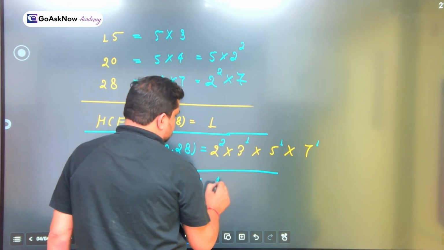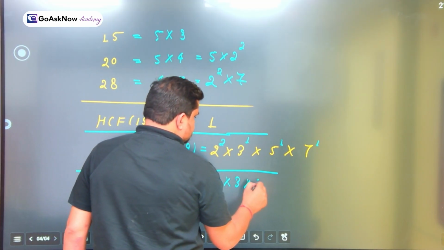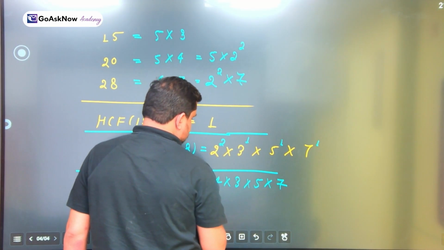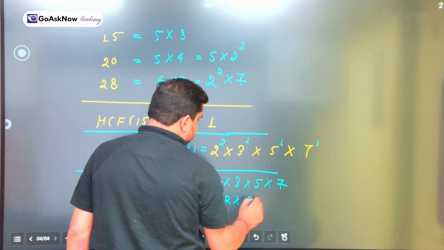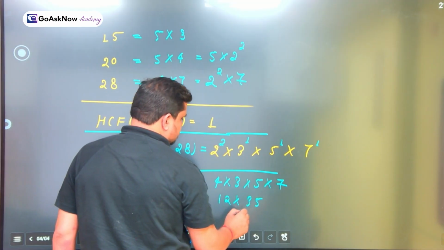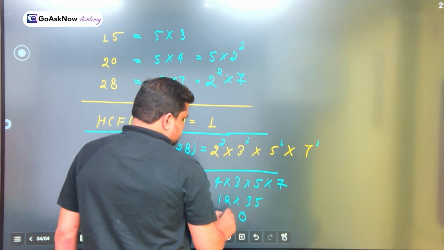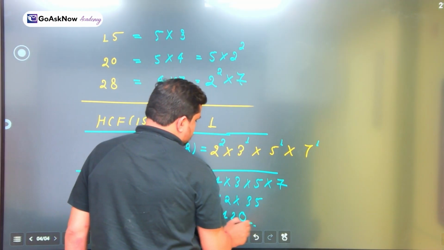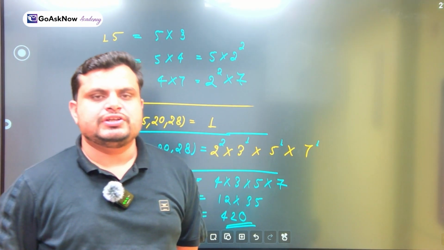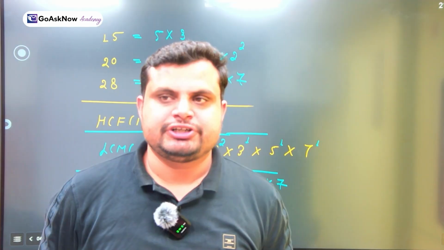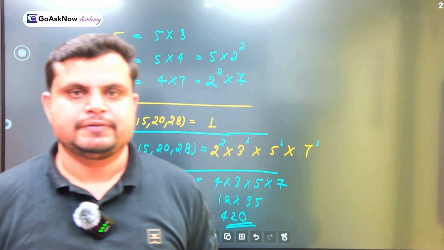So the LCM is 2 to the power 2 into 3 into 5 into 7, which we can write as 420. That is the answer. Okay, so I think this must be extremely clear in your mind.